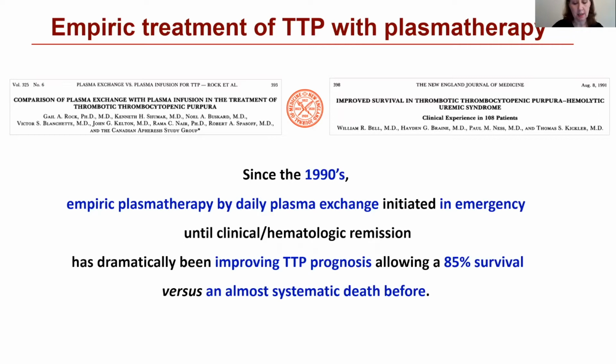Indeed, since 1990, empirical plasma therapy by daily plasma exchange, provided it is initiated in emergency and maintained until clinical and hematologic remission, has dramatically improved TTP prognosis, allowing a 95% survival, although patients almost systematically died before the era of plasma exchange.